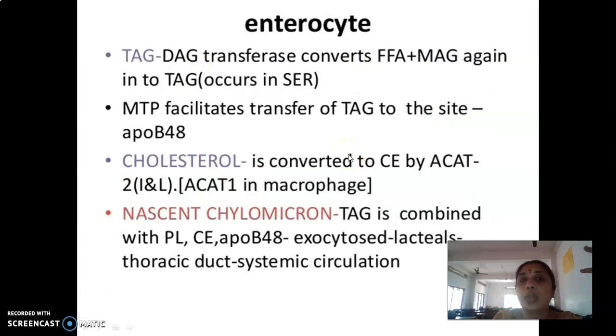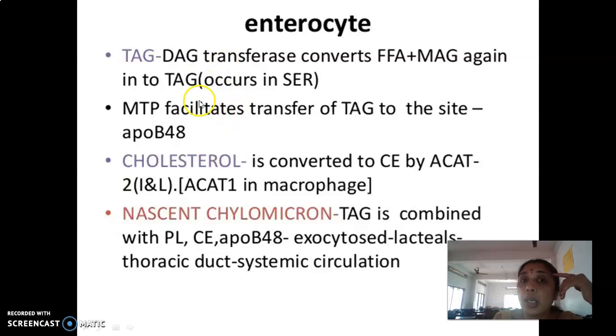And within the enterocytes, what happens? The TAG-DAG transferase converts FFA and monoacylglycerol again back into triacylglycerol. Again, that also has been discussed in the adipose tissue metabolism, the TG metabolism, right? TG metabolism in liver and adipose tissue, but in the intestinal mechanism, it is the direct addition of MAG onto two fatty acids to give rise to TAG, right?